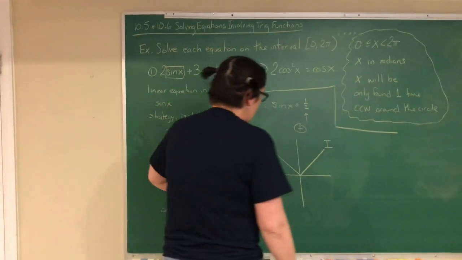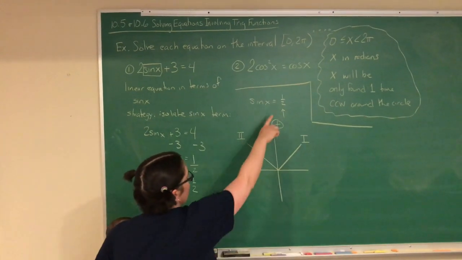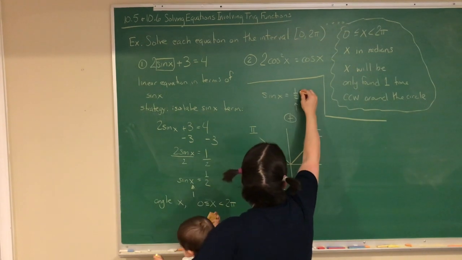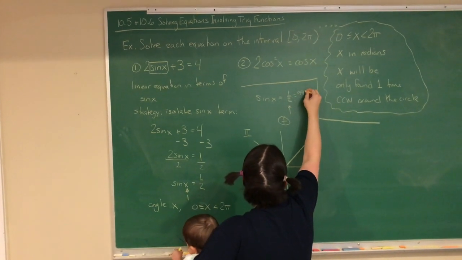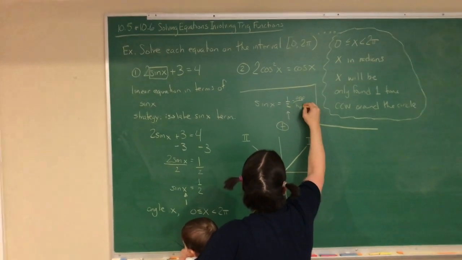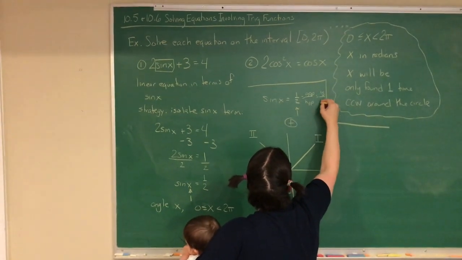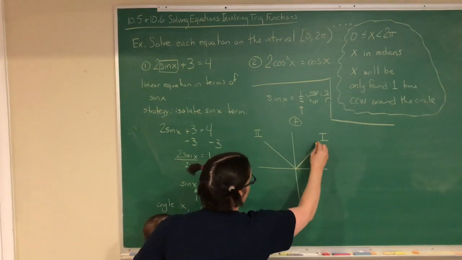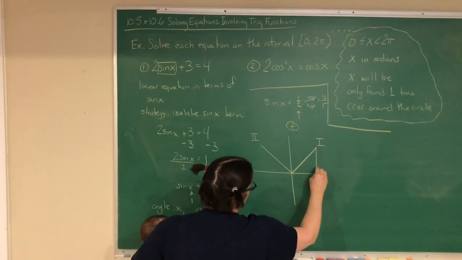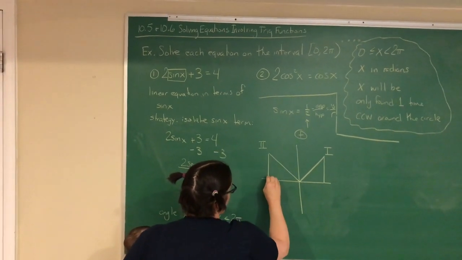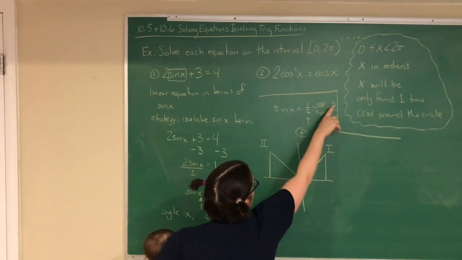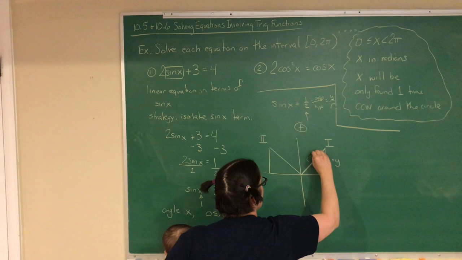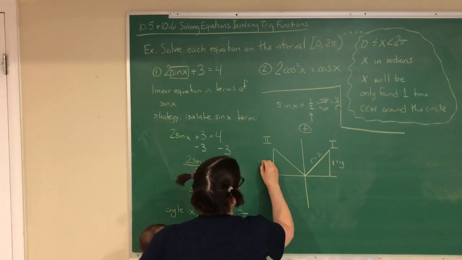Okay, so next, I want to think about what 1/2 is. So the sine function is opposite over hypotenuse, or y over r. So in terms of my two triangles, I can turn these angles into triangles, and the y value will be 1, and the r value will be 2 on both of these triangles.